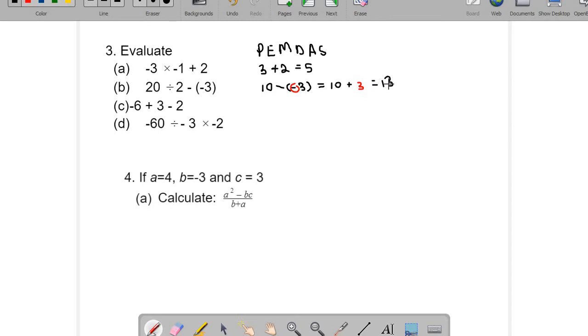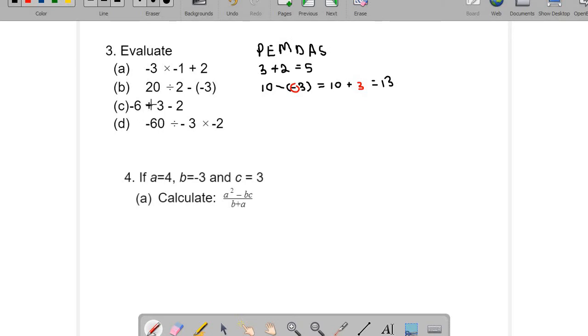Okay, next question, we have -6 plus 3 minus 2. Now, when you have addition and subtraction left, you don't have to do addition before subtraction. It doesn't really matter in this case. Just ensure that you're following parentheses, exponents, multiplication or division, addition or subtraction.